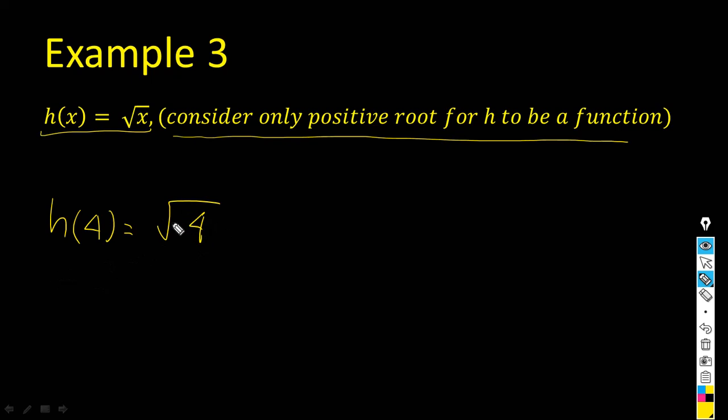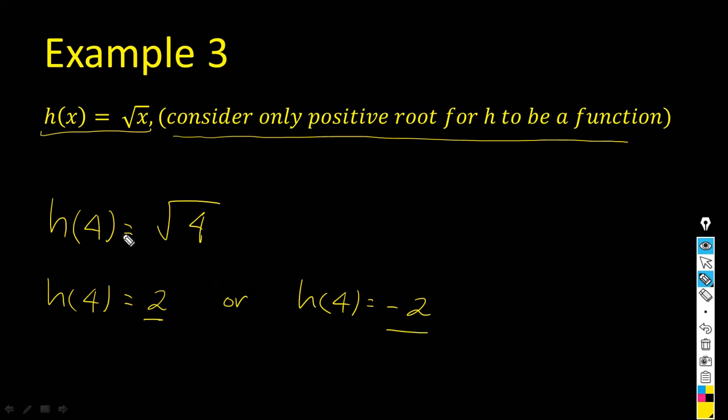But I could have two possible values for this operation. I can have h of 4 equals 2, or h of 4 equals minus 2, because these two numbers are the square root of 4.